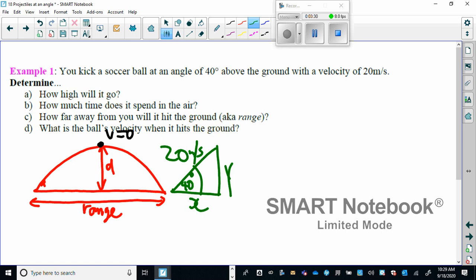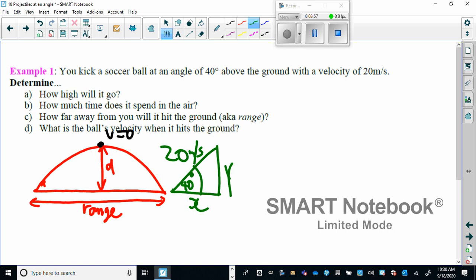I'll say that again so it's really clear. 20 meters per second is the overall velocity, but the x component represents the horizontal velocity, constant velocity, uniform motion, and the y component represents the initial vertical velocity. So we can use sine and cosine as we always do, and let's just skip right to the answer.